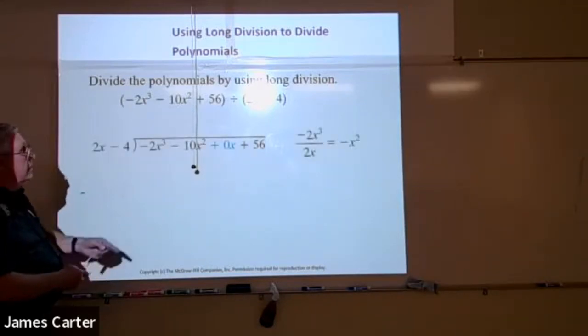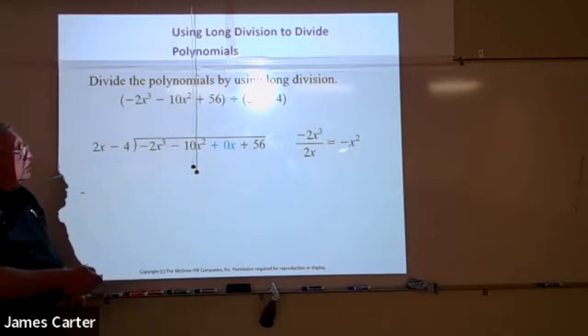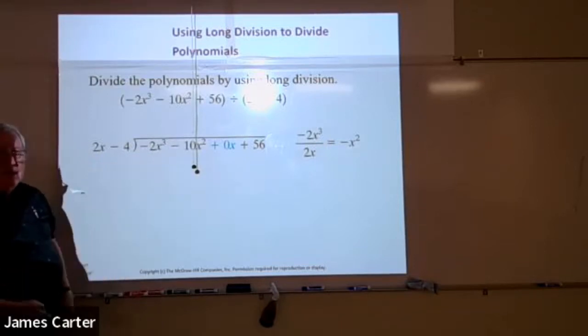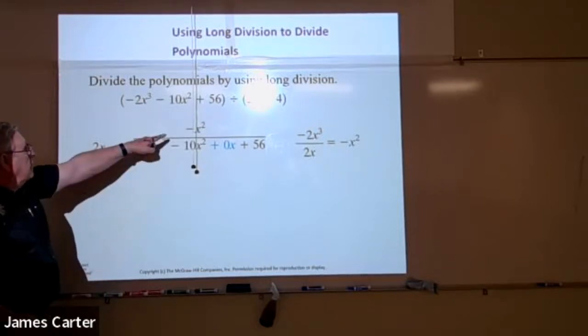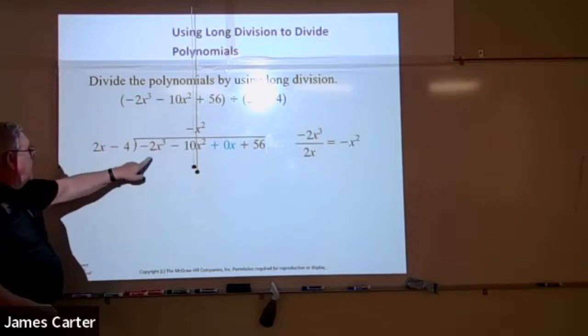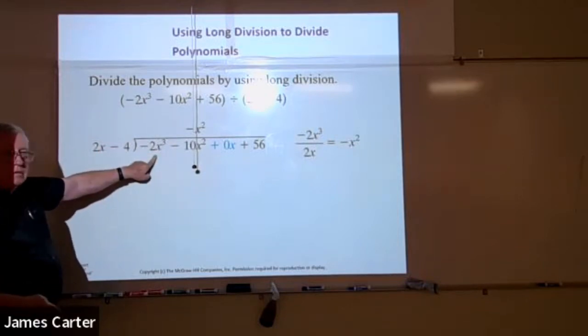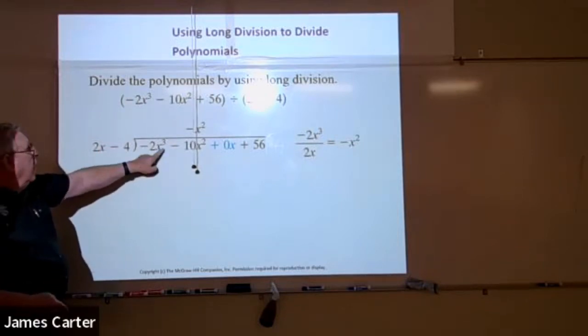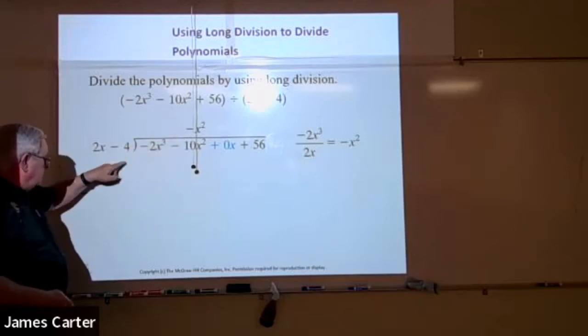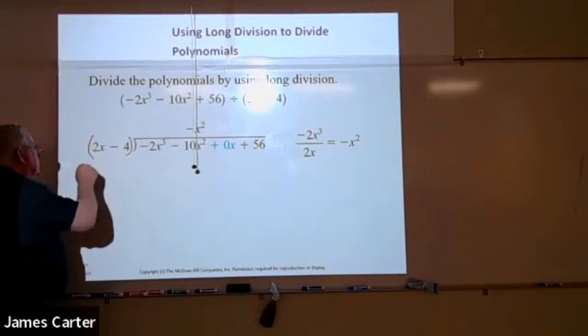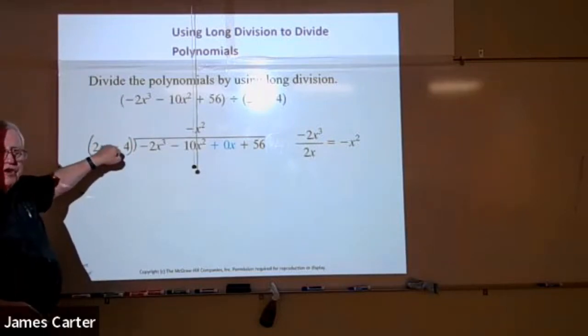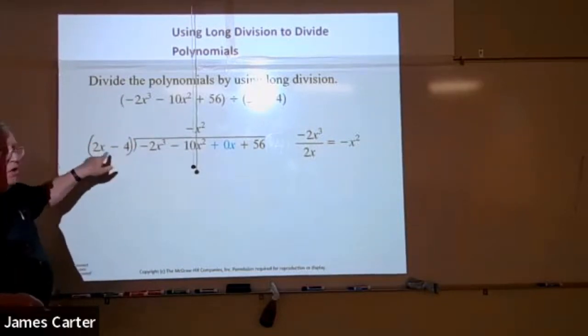Go backwards. They're just showing you why it's negative x squared. So there we put the negative x squared. I take negative x squared times 2x and I get this. I take negative x squared times this. And again, I like to go ahead and put parentheses around here so you don't forget that you got to distribute to both of these.